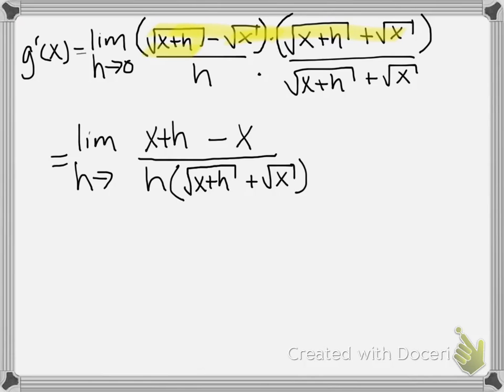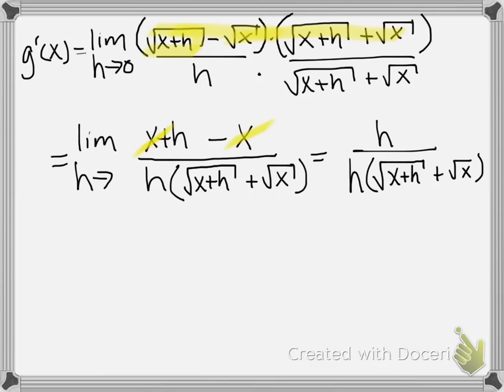Alright, so now that we're right there, you can see that our x's are going to cancel each other out, and that would leave us with just an h over h times the square root of x plus h plus the square root of x.